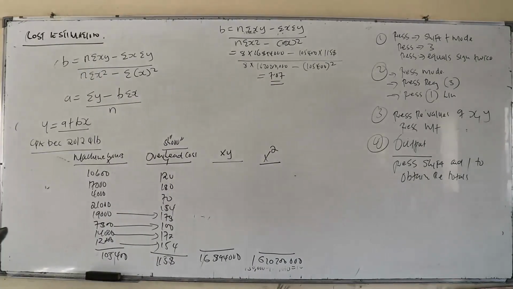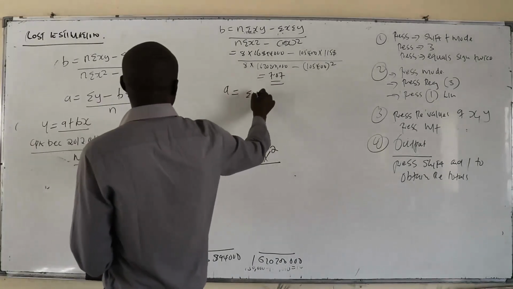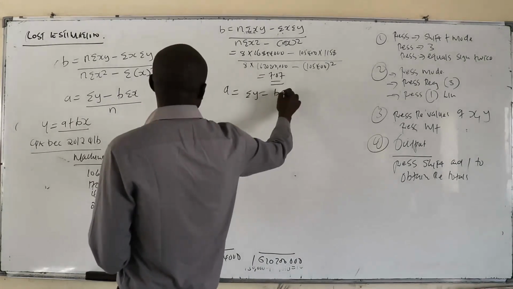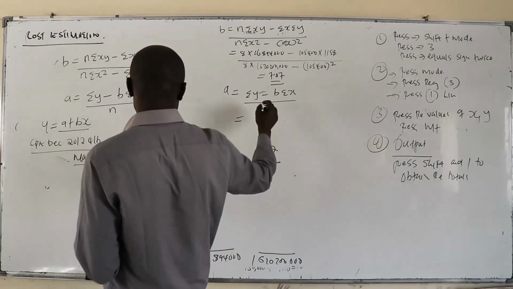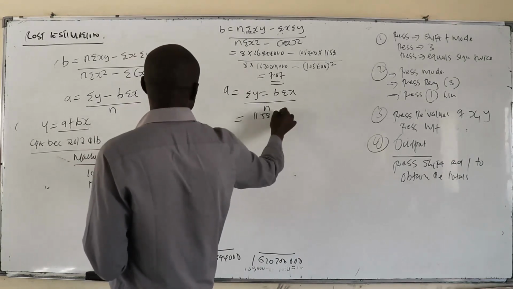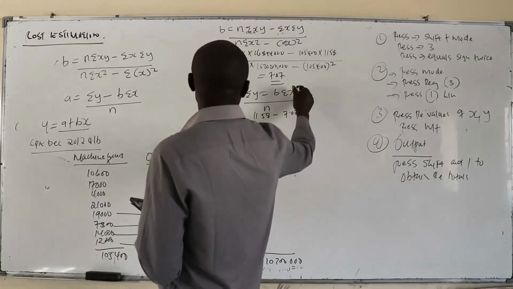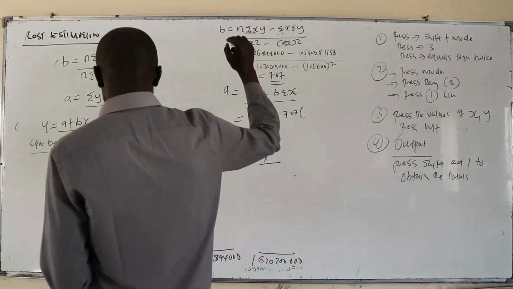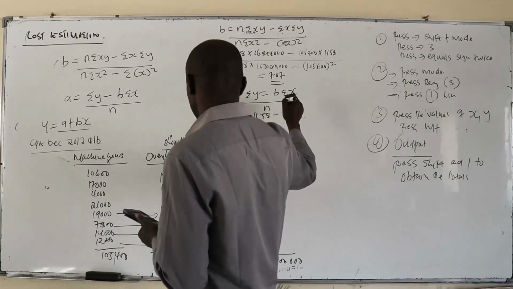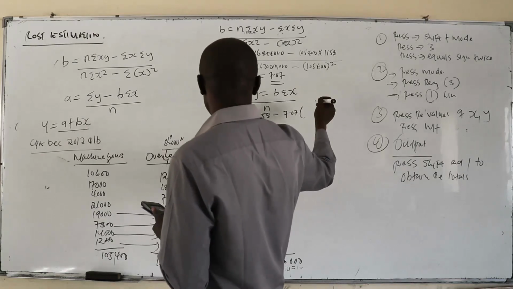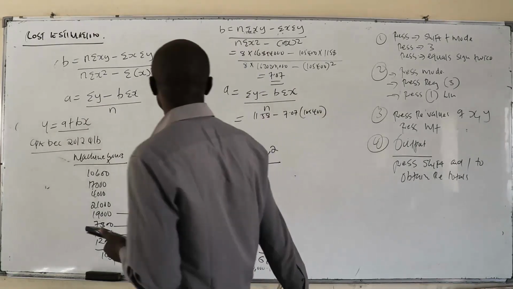You don't compute it. You go to A. You write the formula for A, which is summation Y minus B summation X, over N. So summation Y is 1158, B is 7.07, summation X is 105,400.